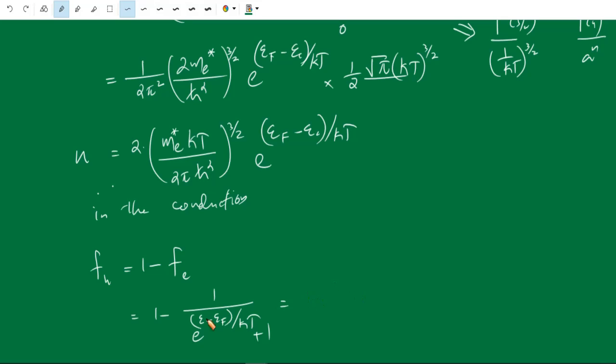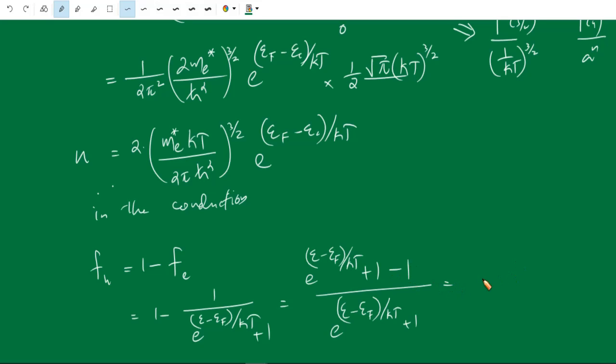this is equal to e raised to (E minus EF) by kT divided by e raised to (E minus EF) by kT plus 1, minus 1.